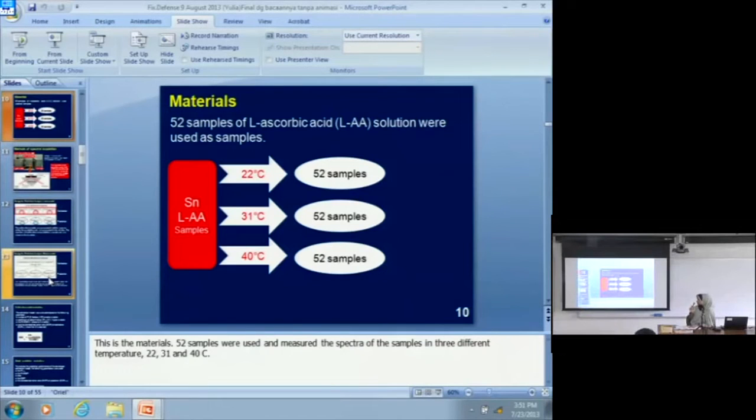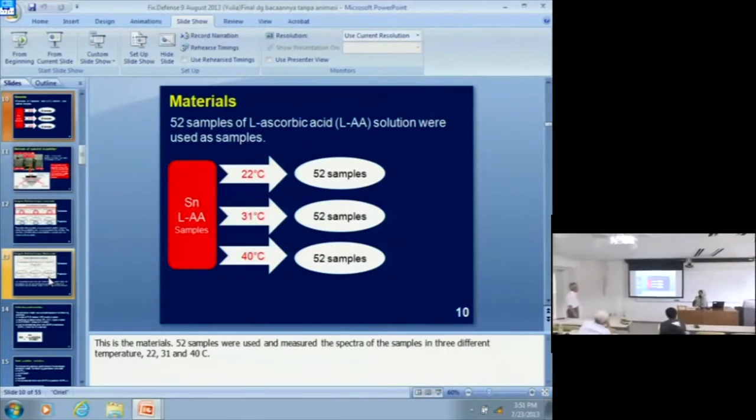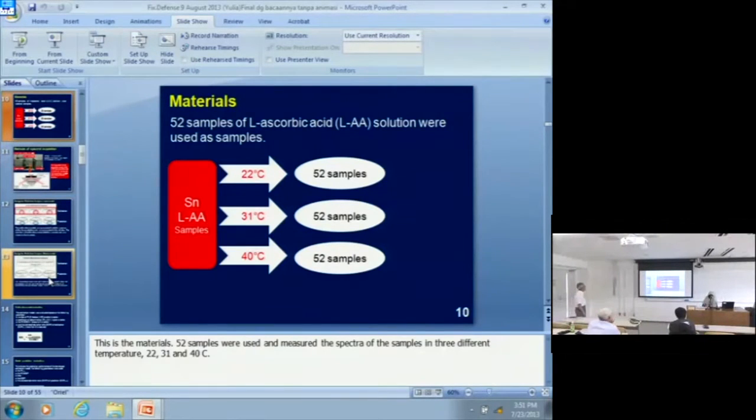Maybe you don't need it. In your previous slide, number 10, you already had 52, 52, 52 in the temperatures. Are you not repeating what was already said? Not so effective. 52 samples, so maybe don't repeat as much. Okay.